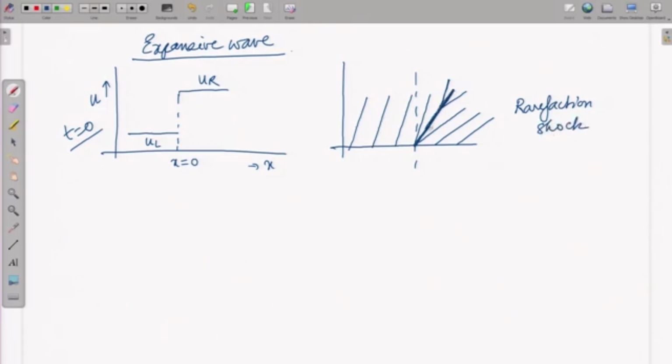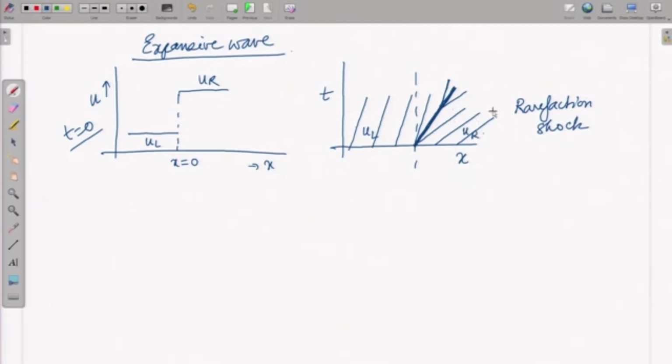Just like we had a compression shock, we have a rarefaction shock from which the characteristics as though emerge as we move in time. So, this is the x-t space. As you can understand, these are the slower waves, these are the faster waves, and beyond t equal to 0 a rarefaction shock is emerging.